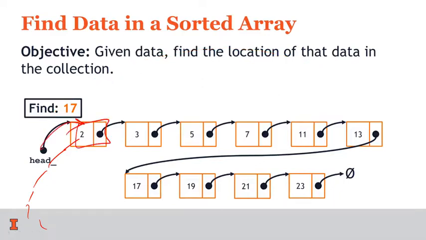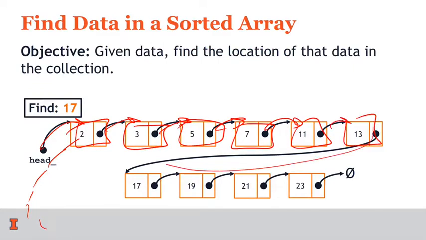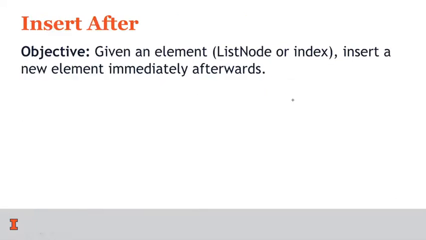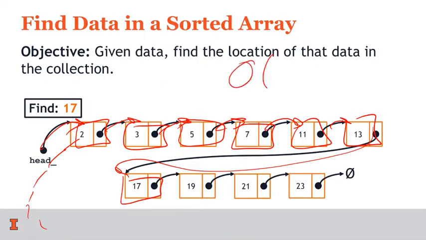Instead, the best we can do is still travel the list. Look at the first element, look at the second element, look at the third element, look at the fourth element, look at the fifth element, and keep going until we find 17. So only by doing a linear search through the list can we find an element when we have a linked list. So a linked list, even if the data is sorted, is still O of n time.